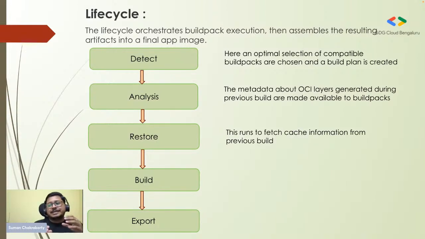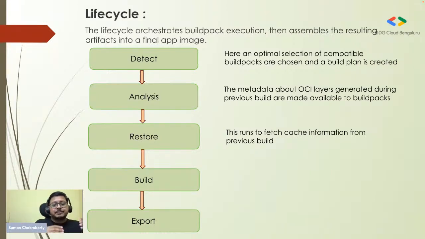Restore is the process which fetches the cache information from a previous build. This is very useful if you are running multiple build processes. It doesn't rebuild your image continuously. It rebuilds one time, and the second time it only takes the information stored in the caches directory and applies only the new information which gets added to it.